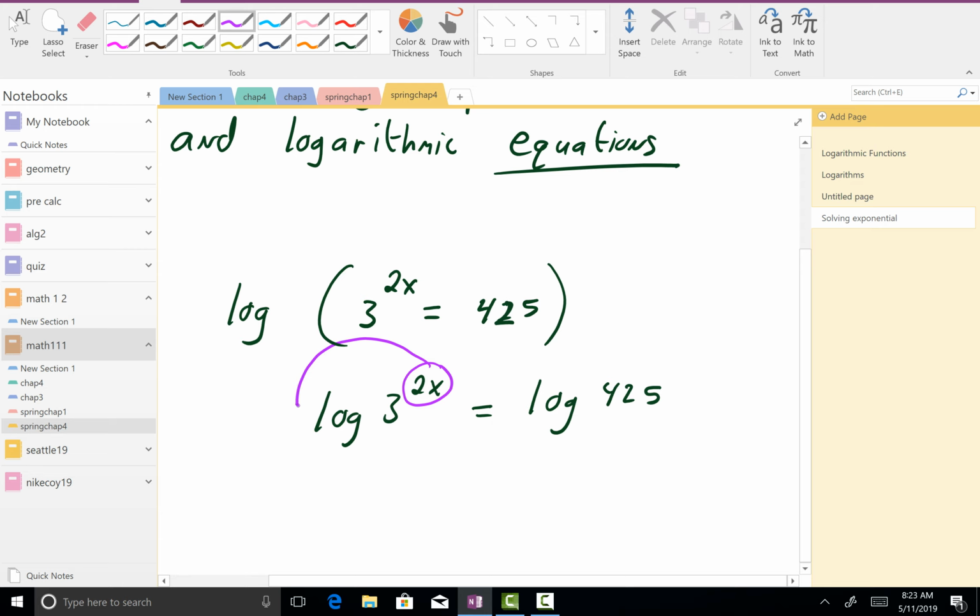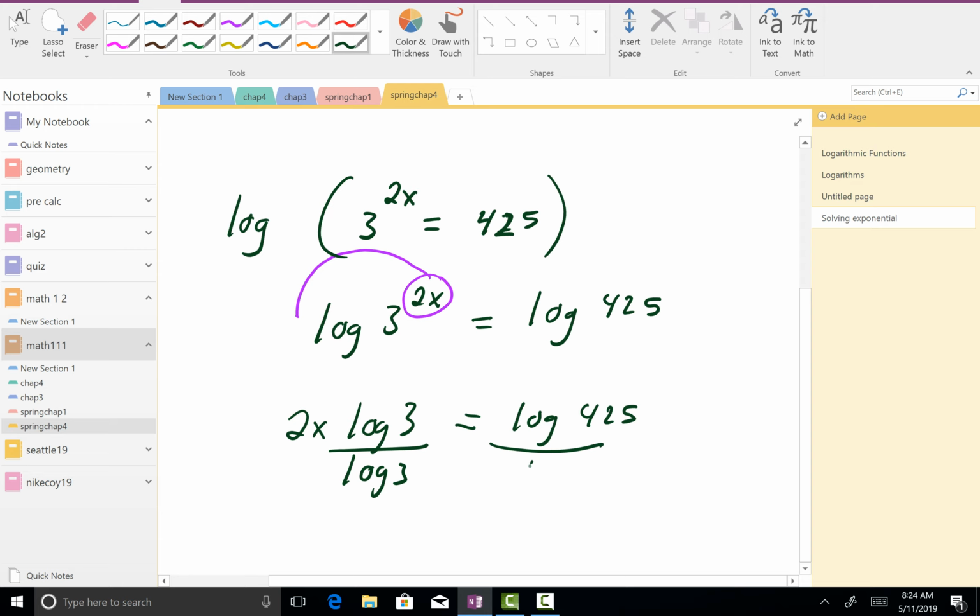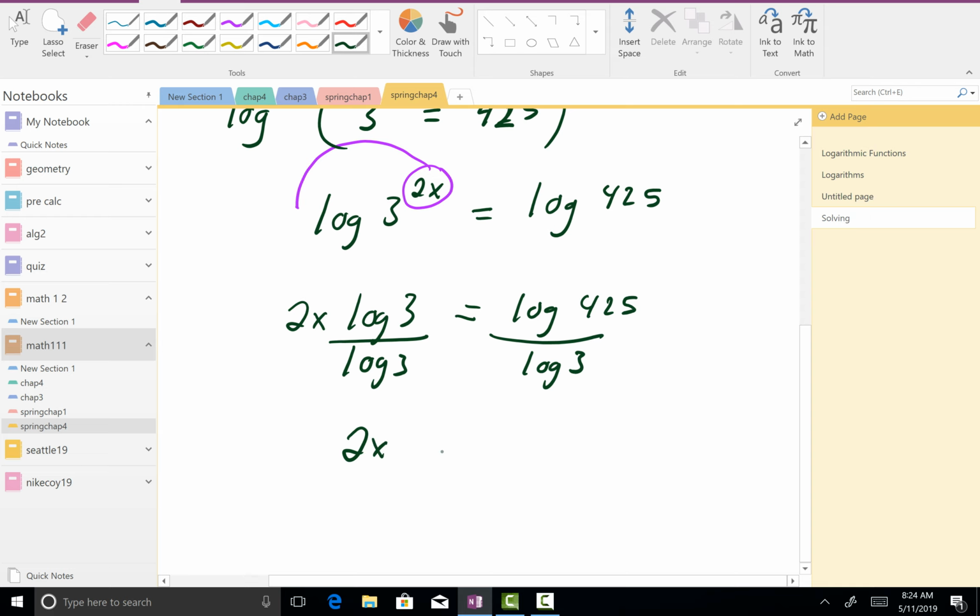Okay, so then we have 2x out in front. And then we can just divide by the log of 3. So this idea is maybe a little simpler than using the definition.